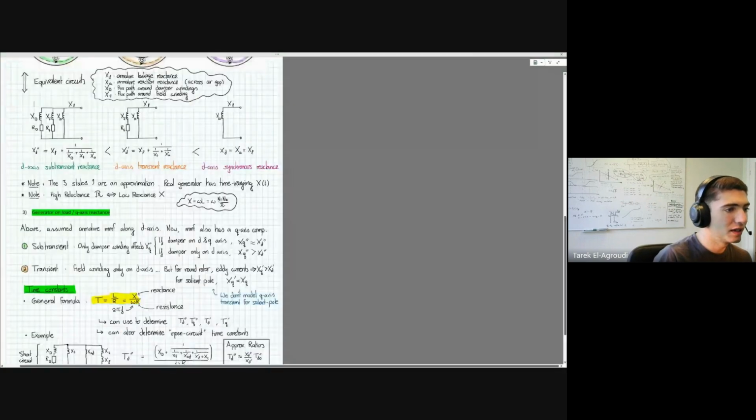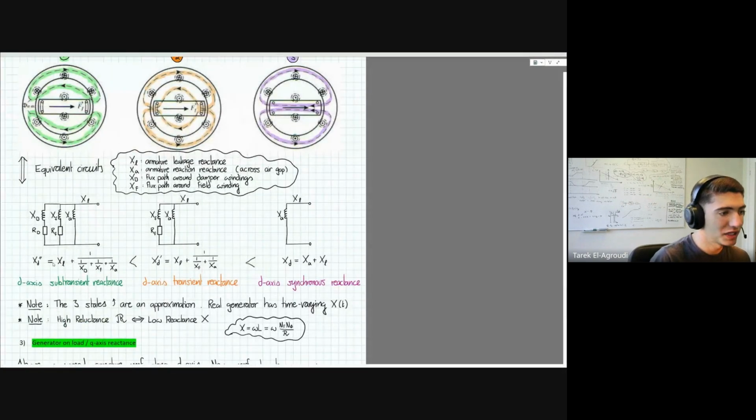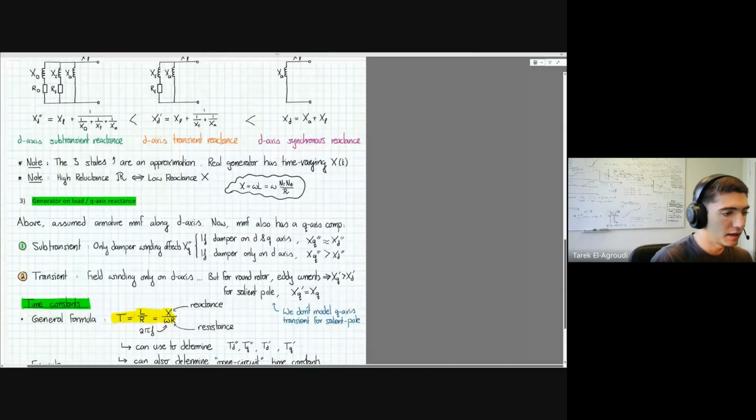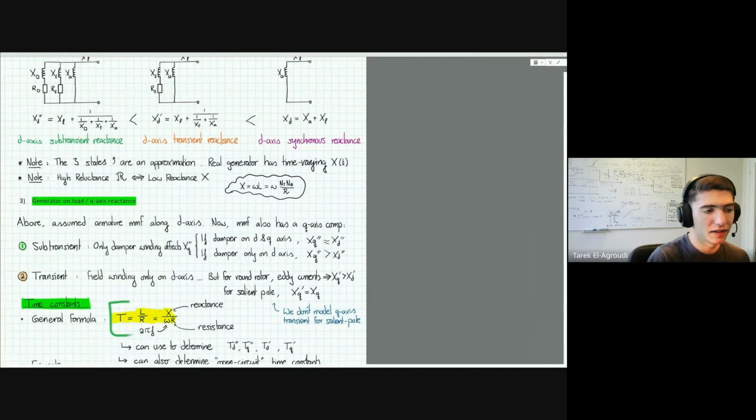There are a few nice intuitions when you look at the scale of this reactance. Remember that the time constant of the decay of these dynamics is L over R, and if you write it out with the reactance, that's just X over omega R, where R is the resistance of the coil. What you can see here is that if you have a smaller reactance, your dynamics are faster.